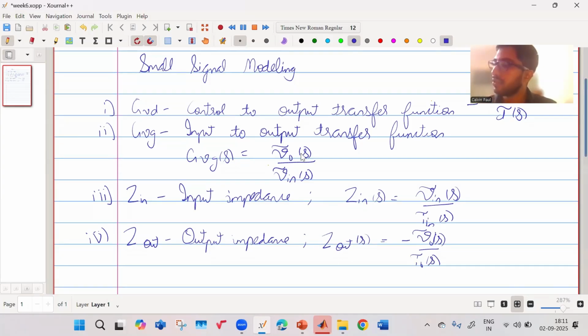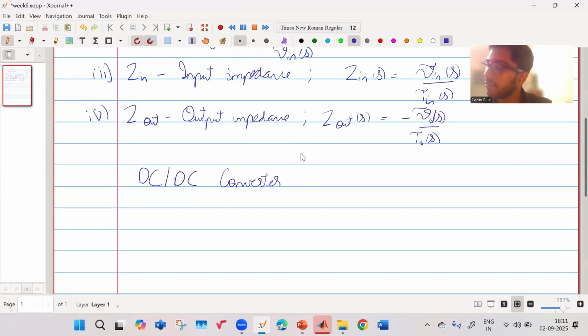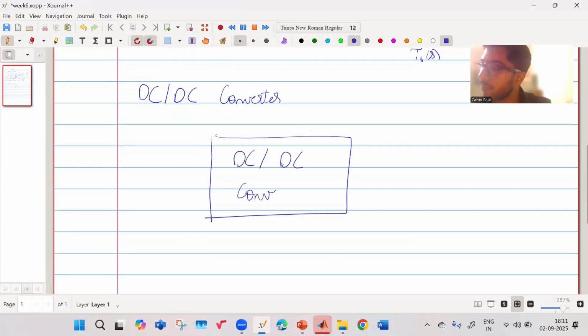So what do these mean? These are for a DC to DC converter. Where we have this DC-DC converter, this is our input voltage, this is our input current.